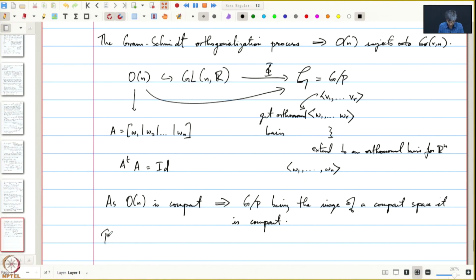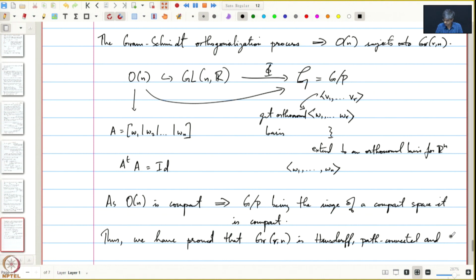So thus we have proved that the Grassmannians are Hausdorff, path connected and compact.